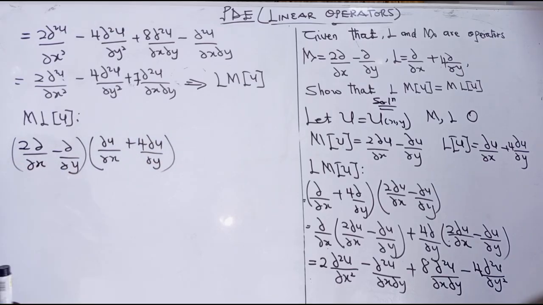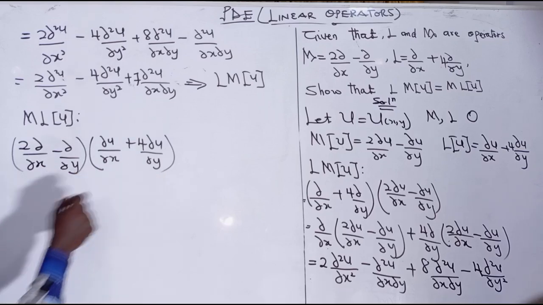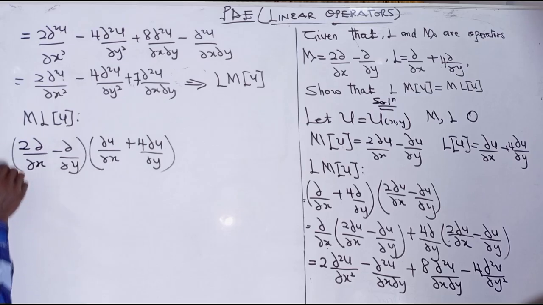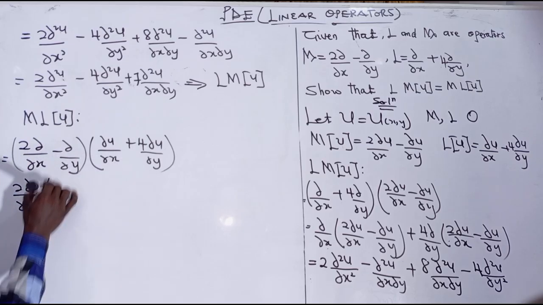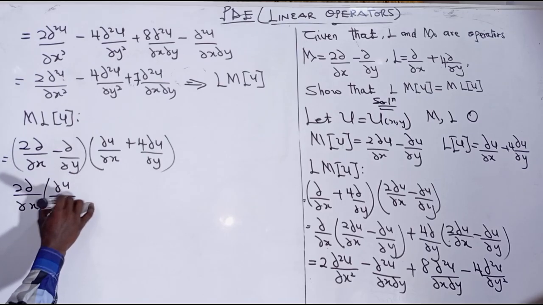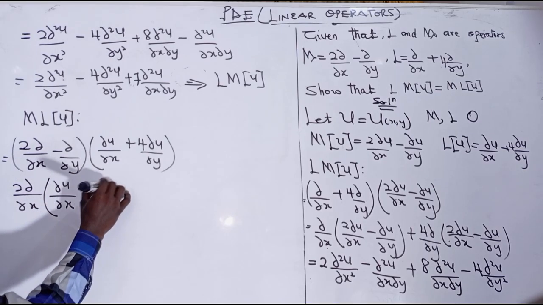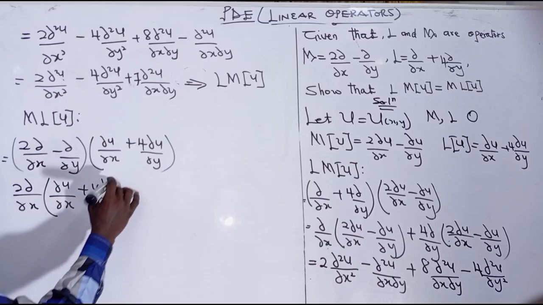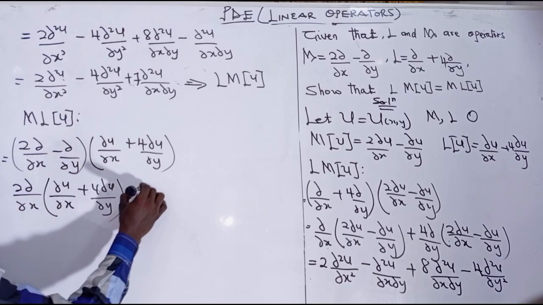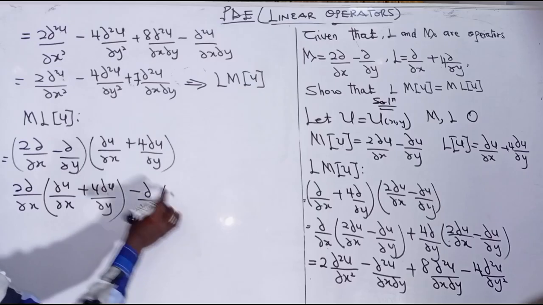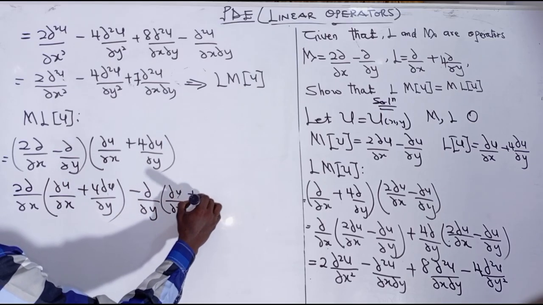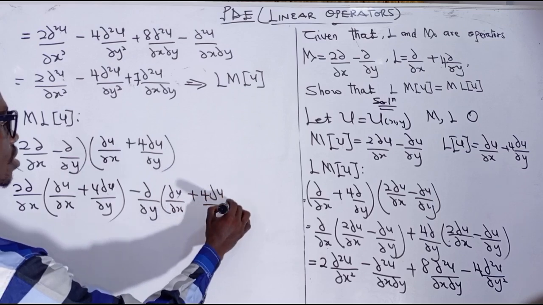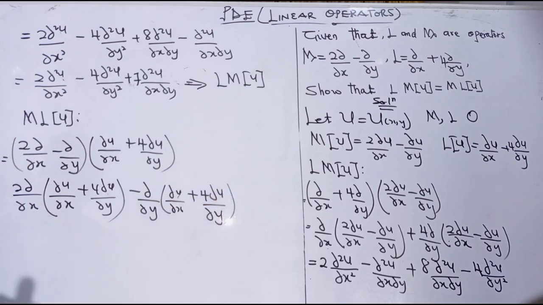Now we are just going to apply the distributive property. This will multiply the second bracket. This will also multiply the second bracket. So we are going to have 2 del X multiplying the whole of this, del U del X plus 4 del U del Y. Then we have minus del Y multiplying the second bracket, del U del X plus 4 del U del Y. Very interesting.